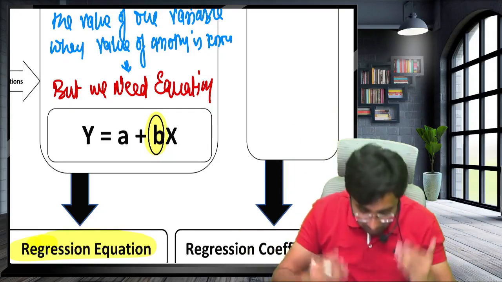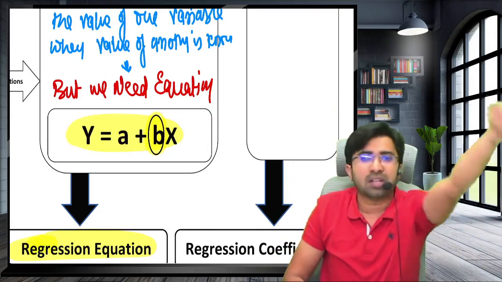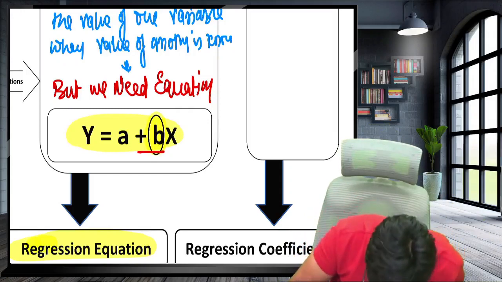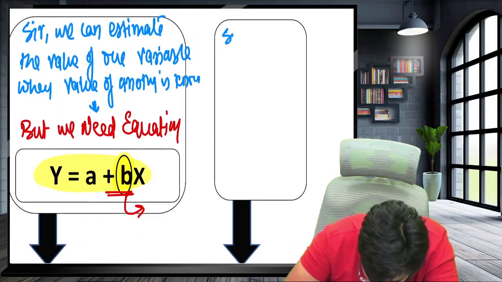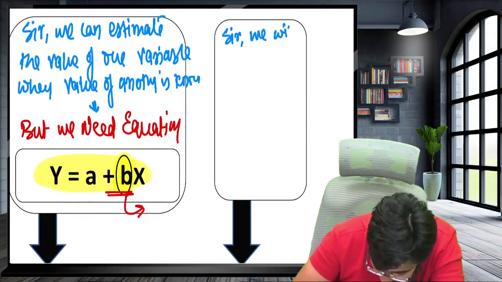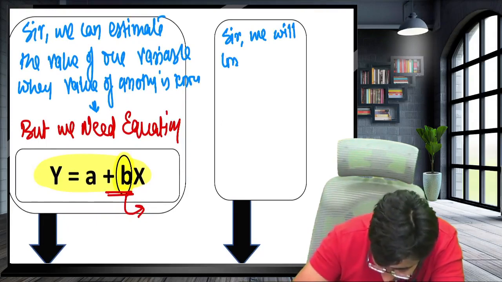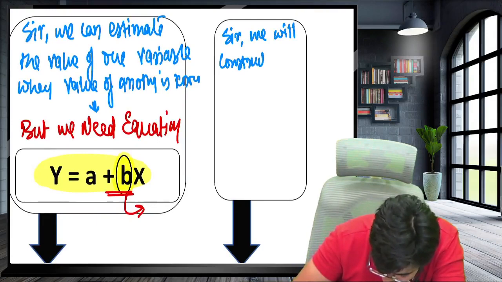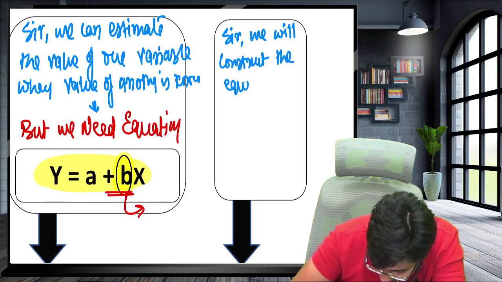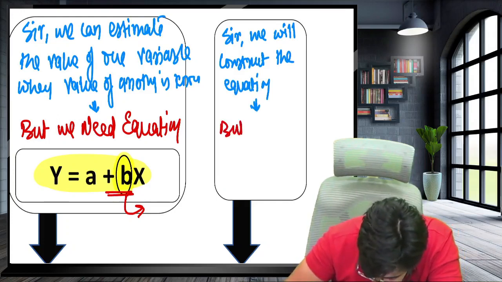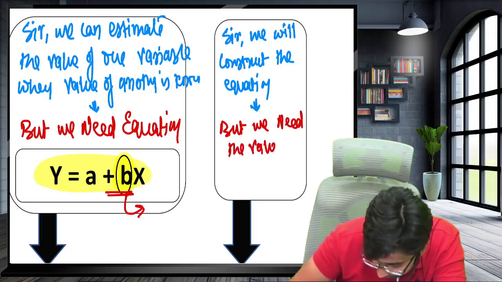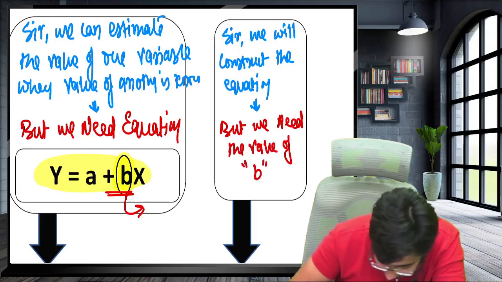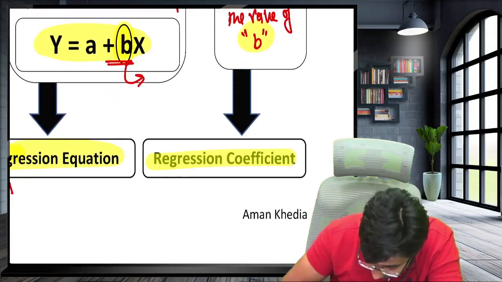Guys, now I am saying without the regression equation, you cannot estimate the value. And you cannot construct the equation unless you have the value of b. We will construct the equation, but we need the value of b, and this b is known as the regression coefficient.